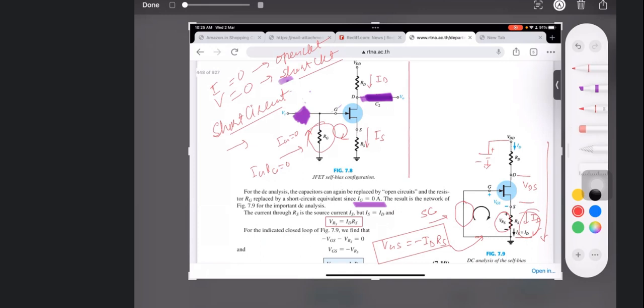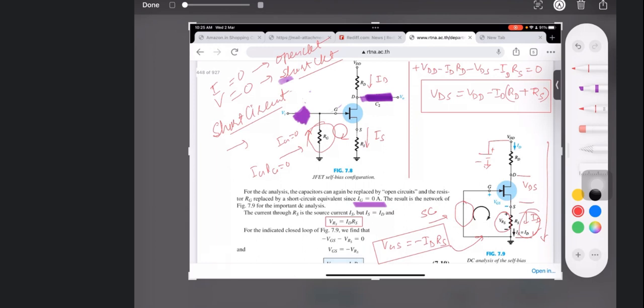If I talk about this, it is plus VDD minus IDRD minus VDS minus ISRS. Sorry. This is IDRS, that is equal to 0. So VDS is nothing but VDD minus IDRD or minus ID, like this. So that is how it is going to be modified.